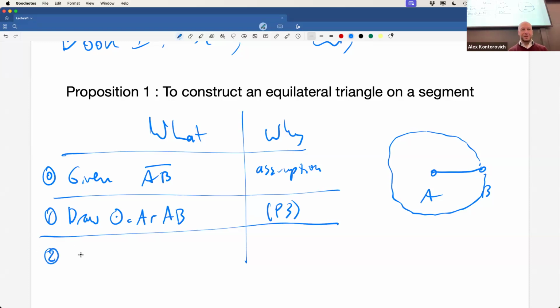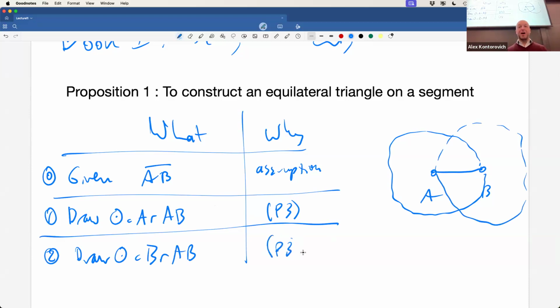Step 2: draw a circle with center B and radius AB. We do the same thing on the other side. Why are we allowed to do that?